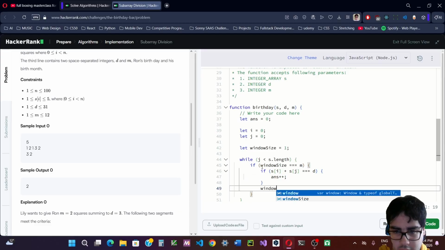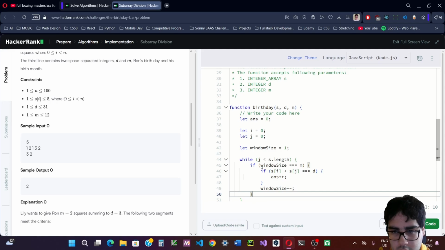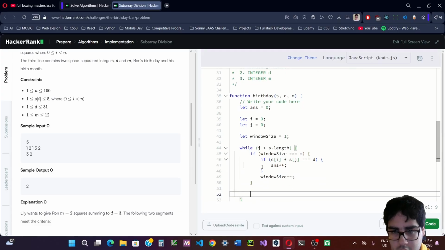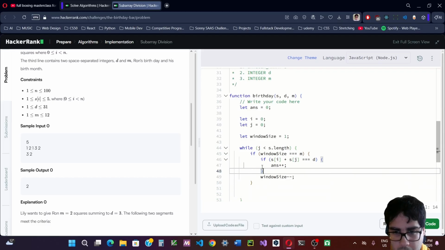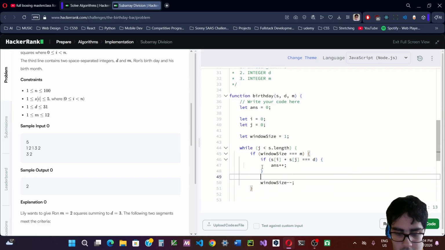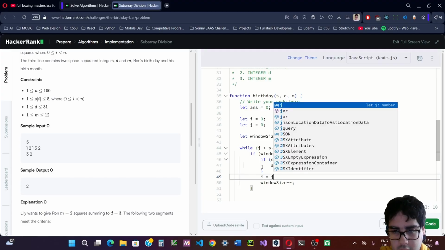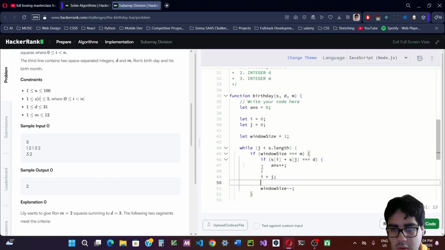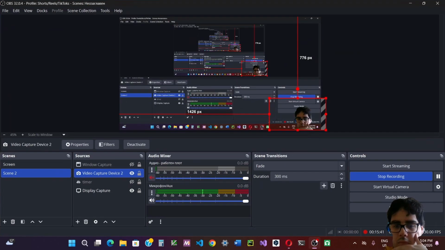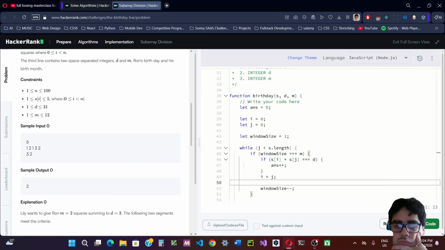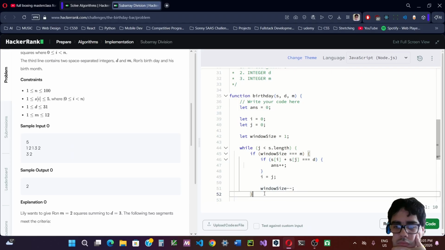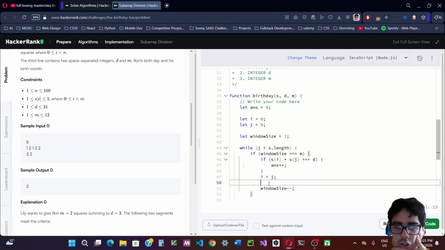I'm gonna do window size minus minus, I think. And then we're gonna do i equals j.